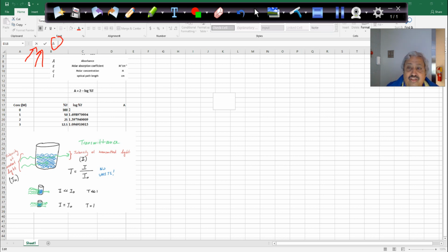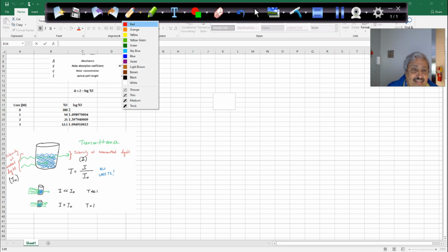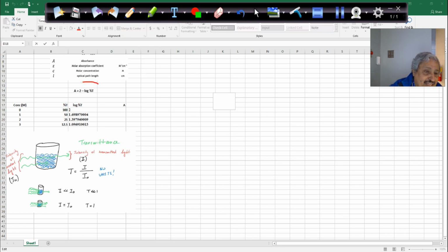Okay guys? So let's take this one out, and I want to put the formula here. This procedure does not tell you the details. I really don't like that; it's not really in detail.